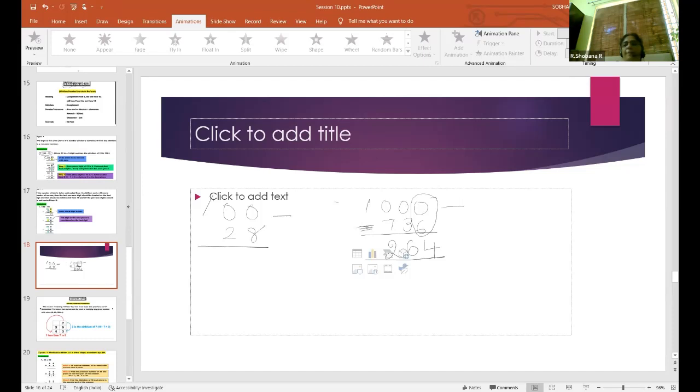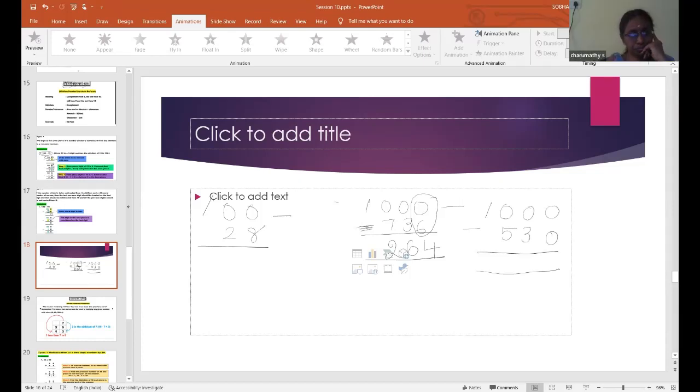Understood, teachers? The last from 10, all the rest from 9. That's all. So what happens when we have 1000 minus 530? When you encounter a zero somewhere here, you only treat the first number as the first digit and you start applying the sutra.